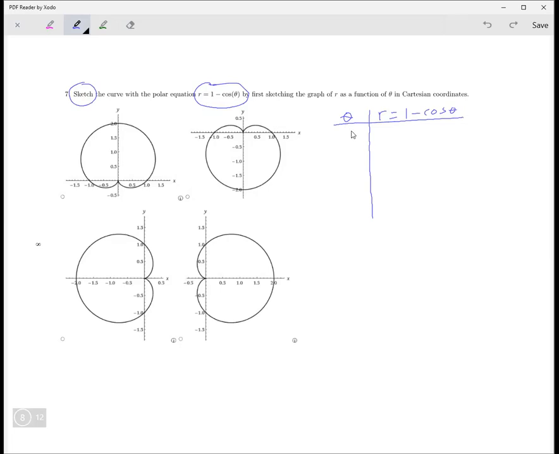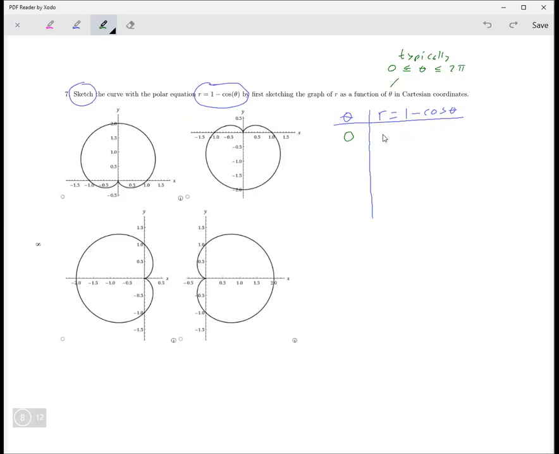The first point that I would choose would be 0. Typically theta runs from 0 to 2 pi. They might give you some limits on theta, in which case you would start with the left point. If it's not listed as being anything, then you can just take it to be 0 to 2 pi.